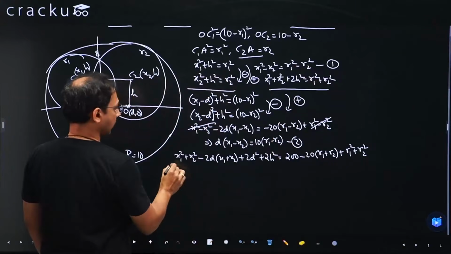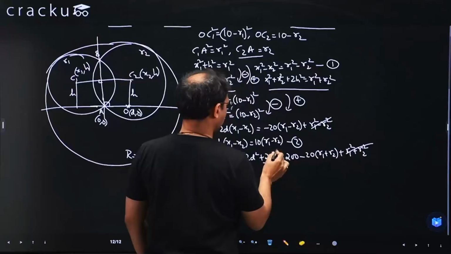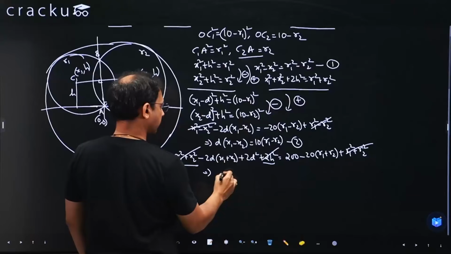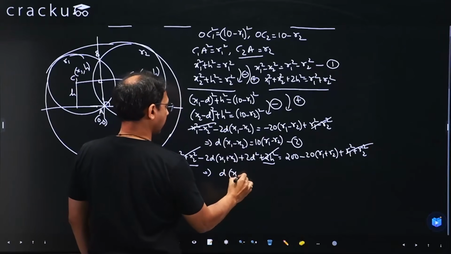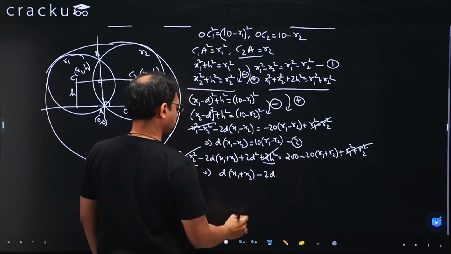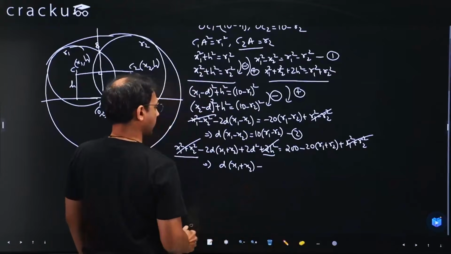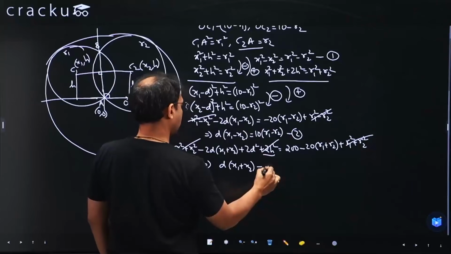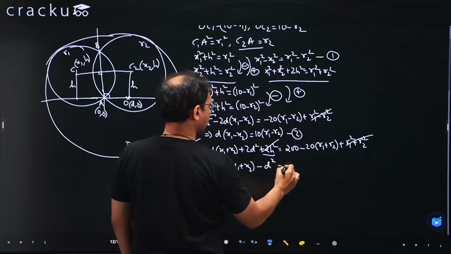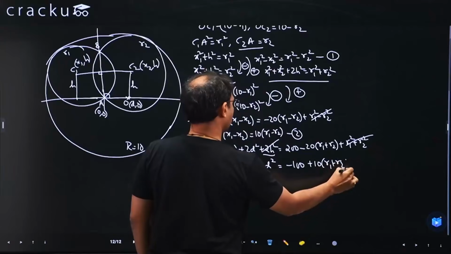If I use this, x1 square plus x2 square plus 2h square will get cancelled off with this. Simplify. You can take minus 2 common. d into (x1 plus x2) minus 2d square, cancelling minus 2, then d square is equal to minus 100 plus 10 into (R1 plus R2).